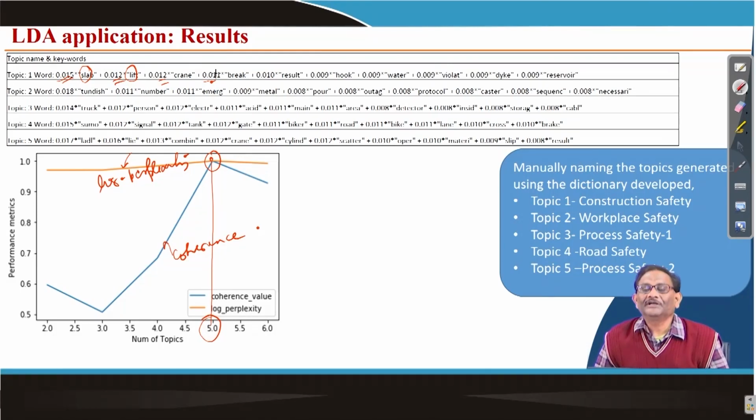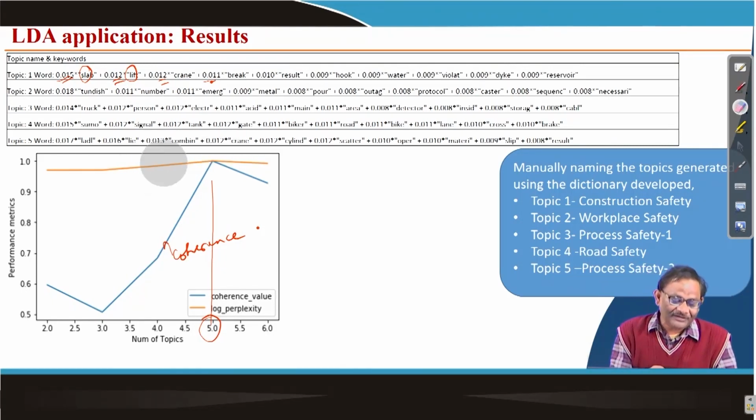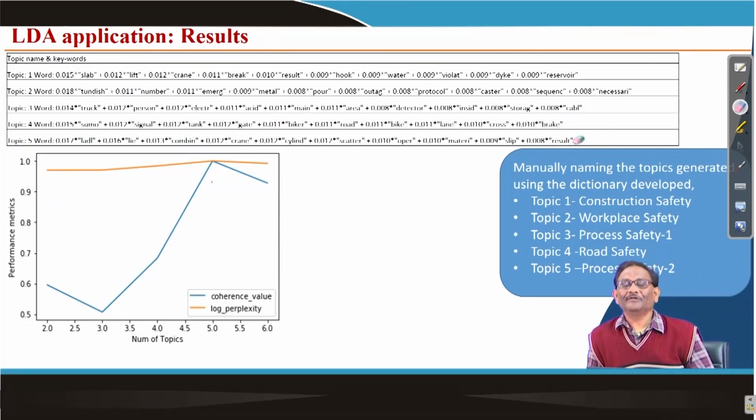But as we have only 10 documents and each one is just 2-3 lines, a very small paragraph, the result cannot be considered a good result, because if you want to actually get the benefit of topic modeling and LDA, then you have to have a large number of documents.